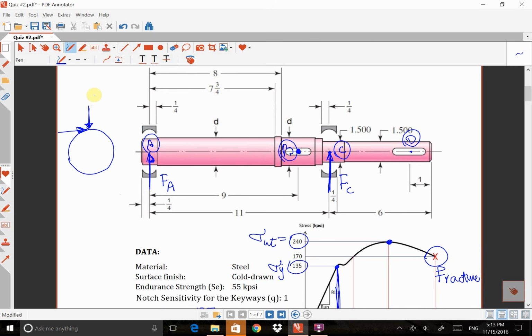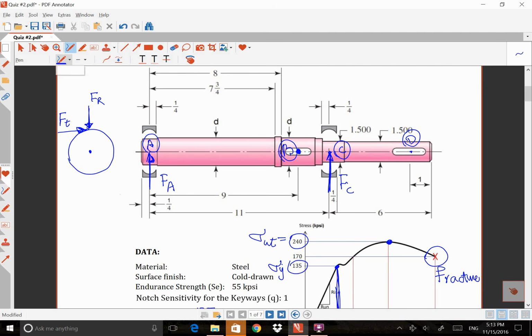This force is Fr, and this force is Ft, tangential and radial force. Before I do anything, if I want to analyze that one, I have to move both forces. I have to move everything to the center of the shaft.